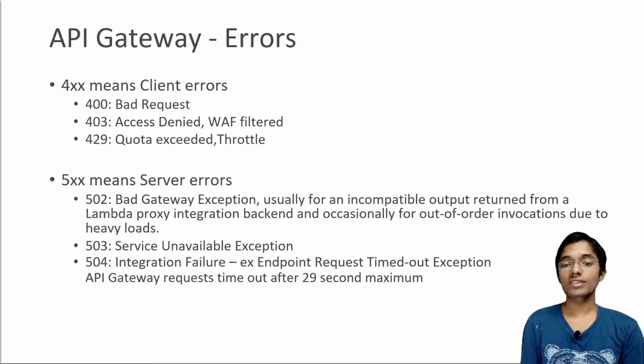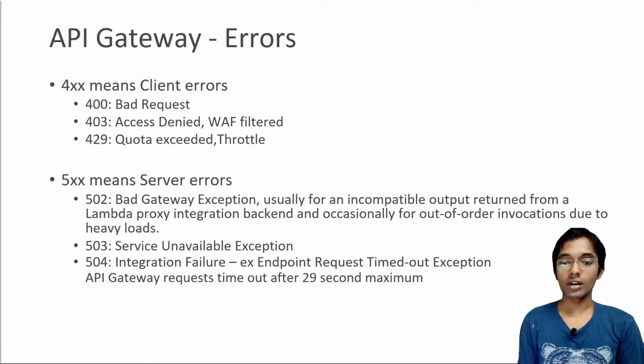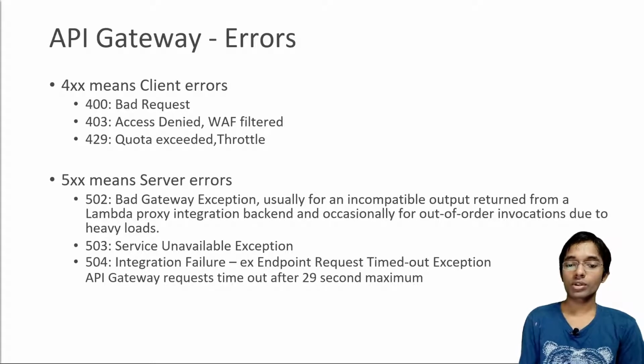One example is the limit. I've been talking about in the beginning of this lecture the limit of the API gateway, which is for example when the endpoint request timed out, because the API gateway has a request timeout of about 29 seconds. So this is when you will get the 504 server error.